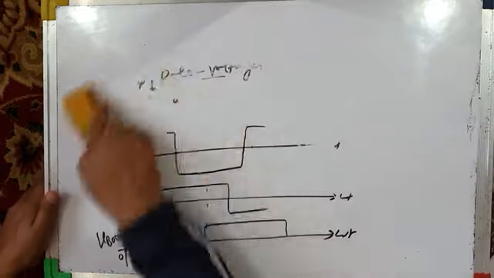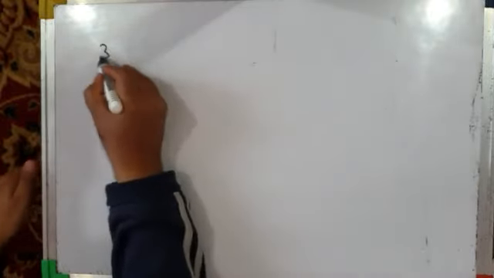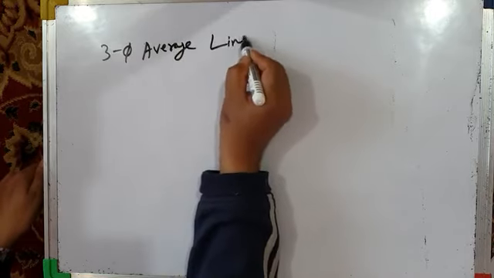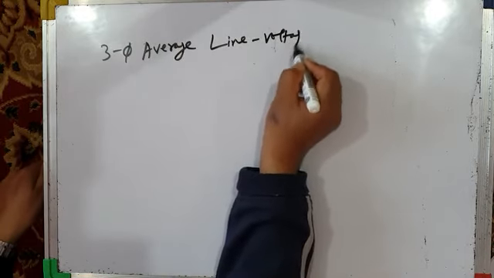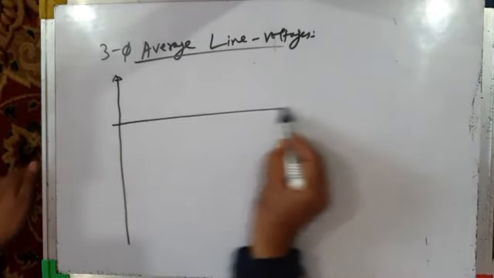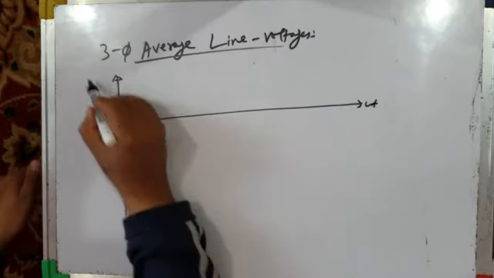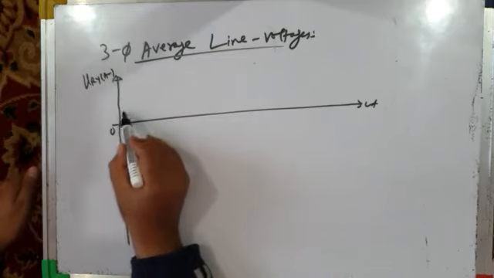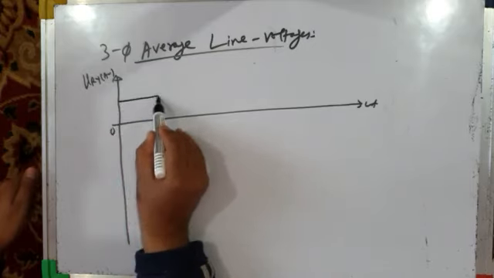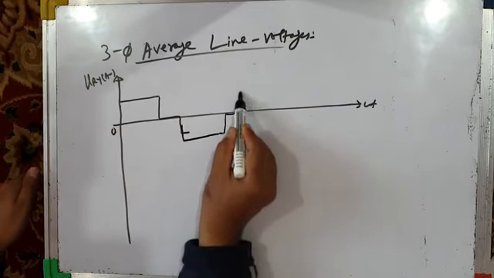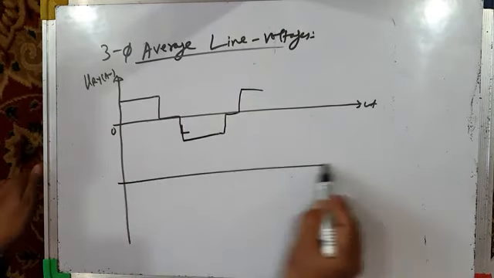What about three-phase average line voltages? They will be quasi-square wave in nature. I will write here three-phase average line voltages. So they will be like this. I can draw them separately. This is average line voltage, VRY average. It is like this.